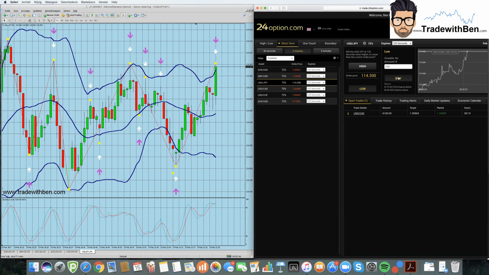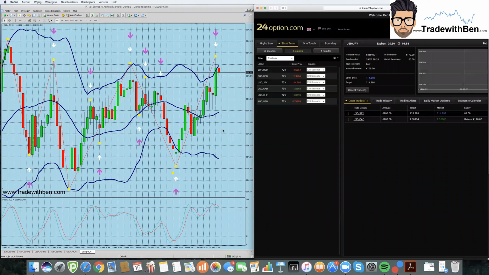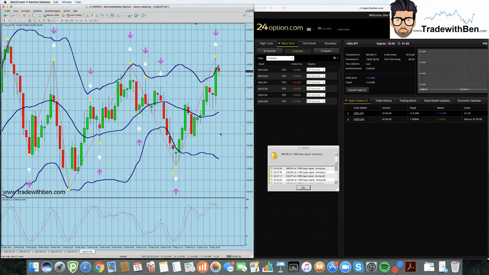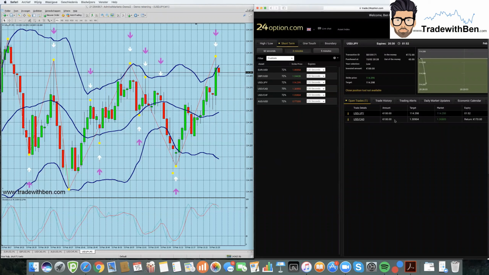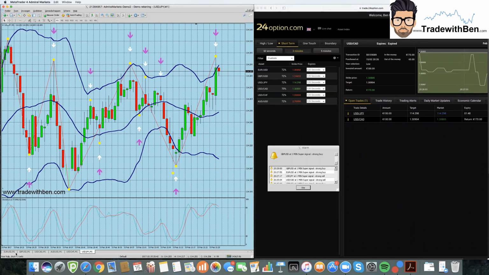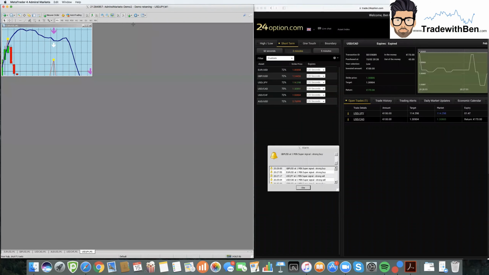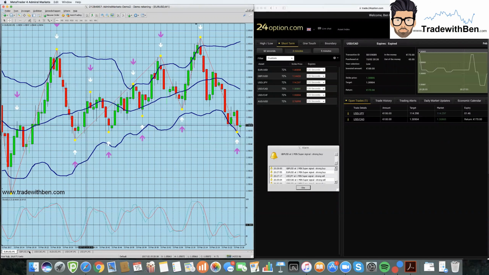So let's see. Waiting for the new candle. Okay, so I bought it. Took quite a while till it got it. Oh, by the way, we won our USD Canadian dollar trade over here. Euro USD, and the GBP USD.